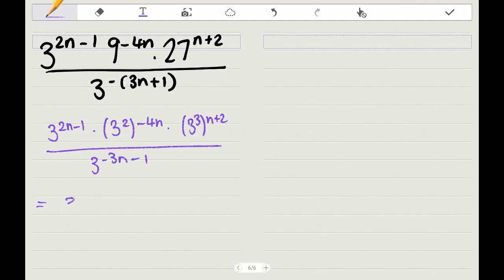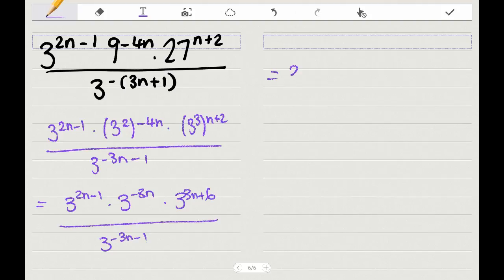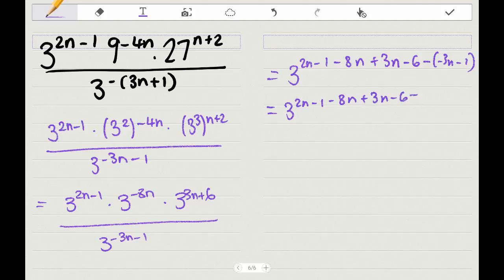Let us go on. 2 to the 2n minus 1 times 3 to the minus 8n times 3 to the 3n plus 6 over 3 to the minus 3n minus 1. Then we use the multiplication rule. This is 2n minus 1 minus 8n plus 3n minus 6 minus 3n minus 1. So that is 3 to the power of 2n minus 1 minus 8n plus 3n minus 6 plus 3n plus 1.